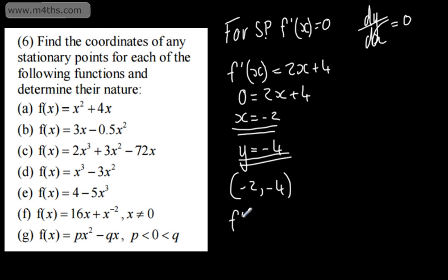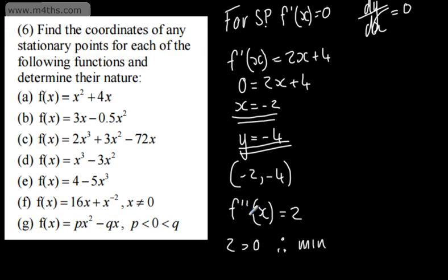So we take the second derivative, f''(x). Here is my expression for f'(x), so we differentiate once more, and that gives 2. 2 is greater than 0, therefore this is going to be a minimum. For the second derivative to be greater than 0 means that we have a minimum.